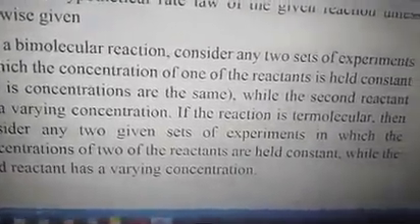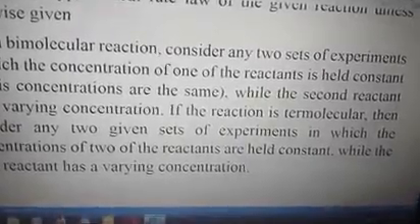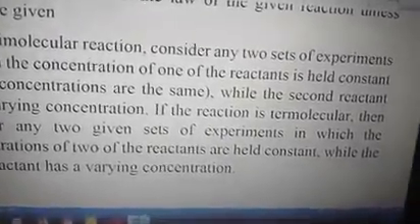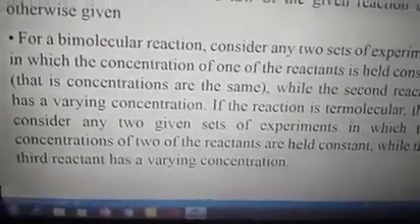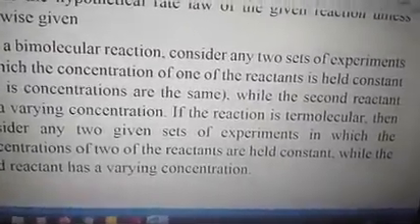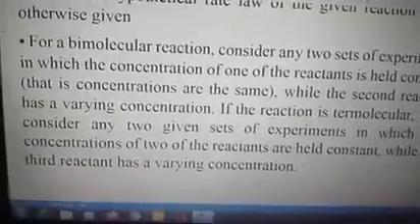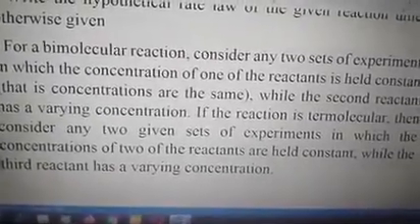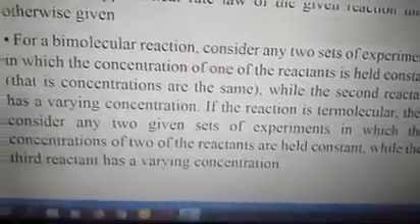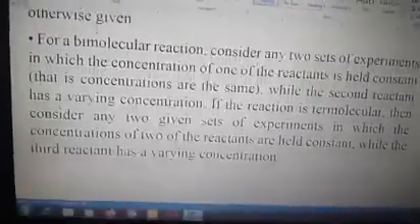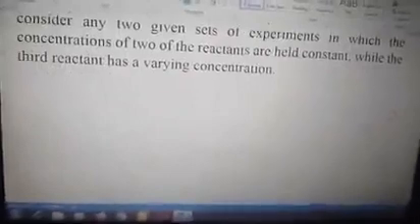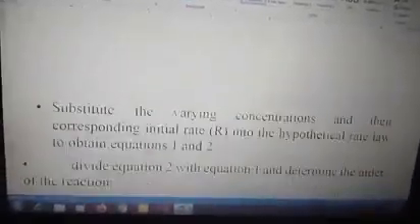If the reaction is termolecular, that is, involves 3 reacting particles, then consider any two given sets of experiments in which the concentration of 2 of the reactants are held constant, while the third reactant has a varying concentration. So we will look at that when we go to examples.